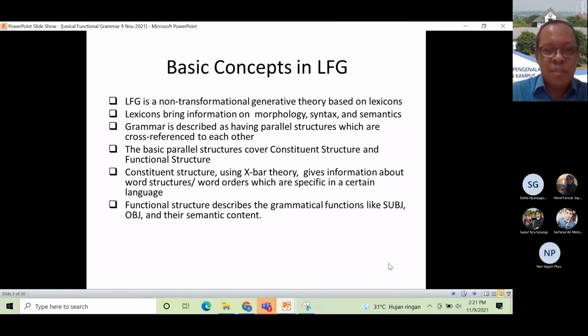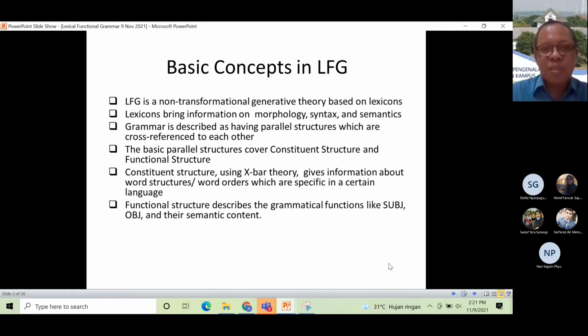So the active construction changes into the passive construction by the process of transformation. But in LFG, we don't have that. In LFG, they don't believe in transformation. Why? Because every word, every lexicon contains information about morphology, syntax, and semantics.